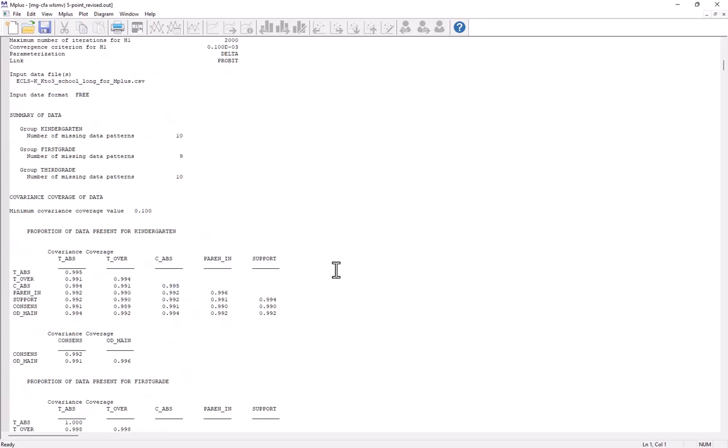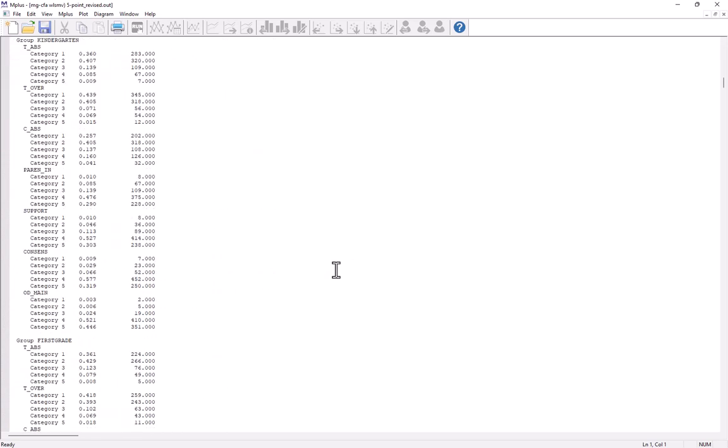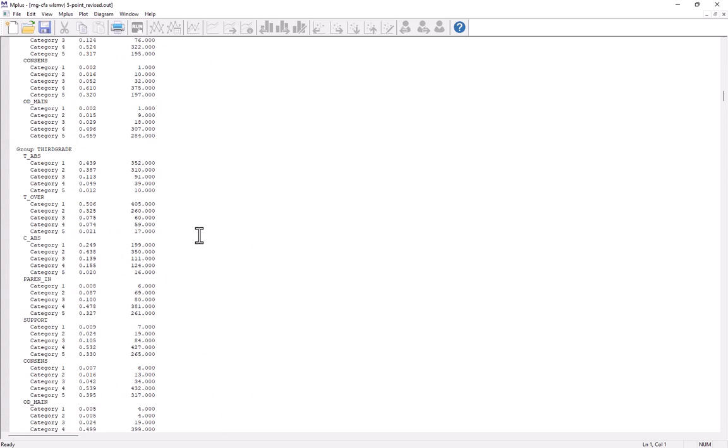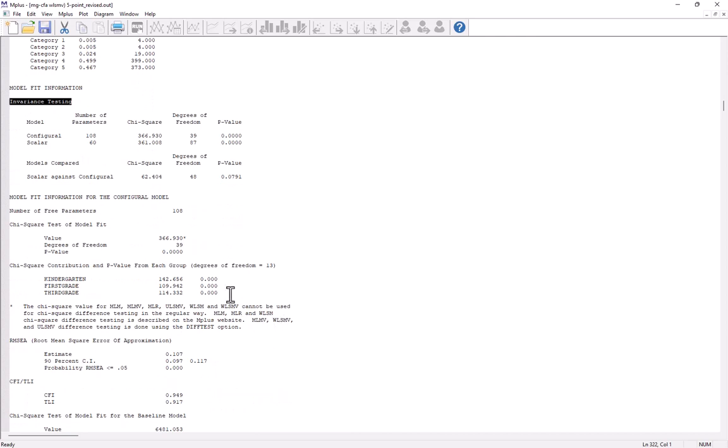scroll down, first we have descriptives here, and I have here invariance testing, where the chi-square for the configural model, chi-square for the scalar model, and then the chi-square difference test.